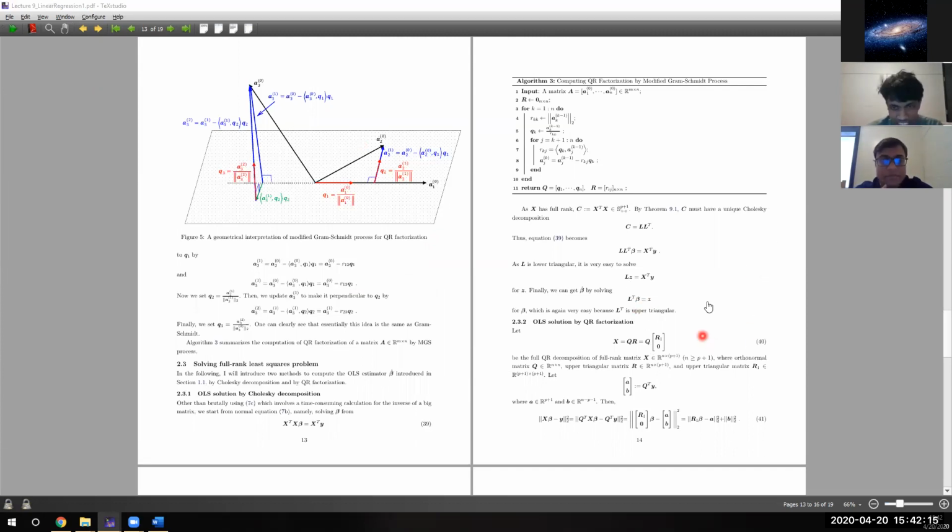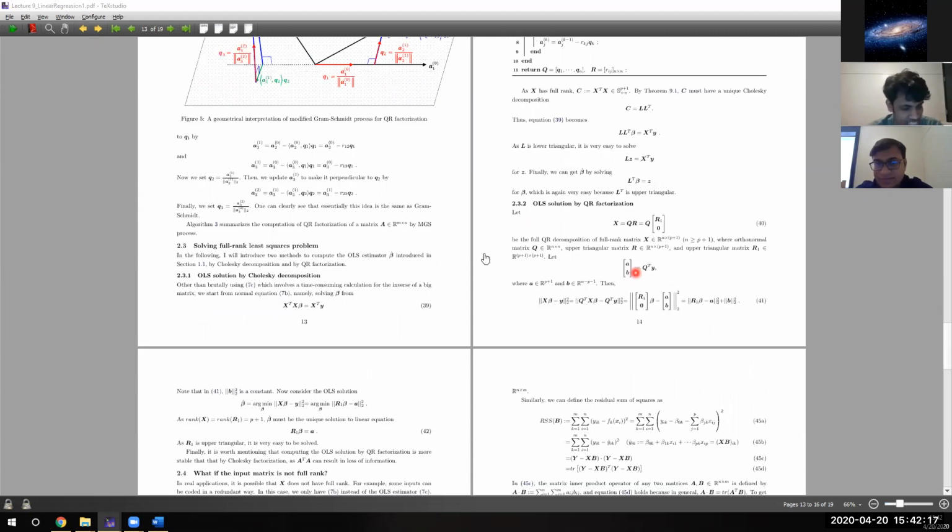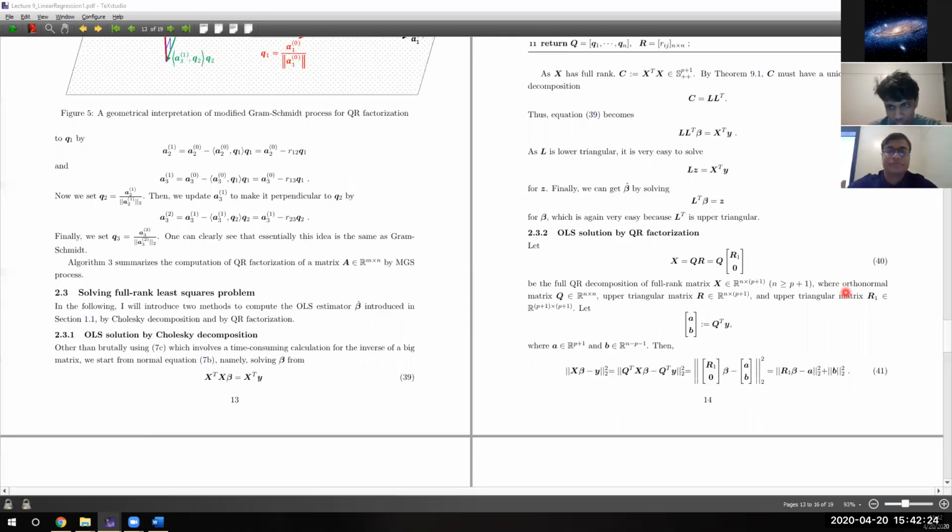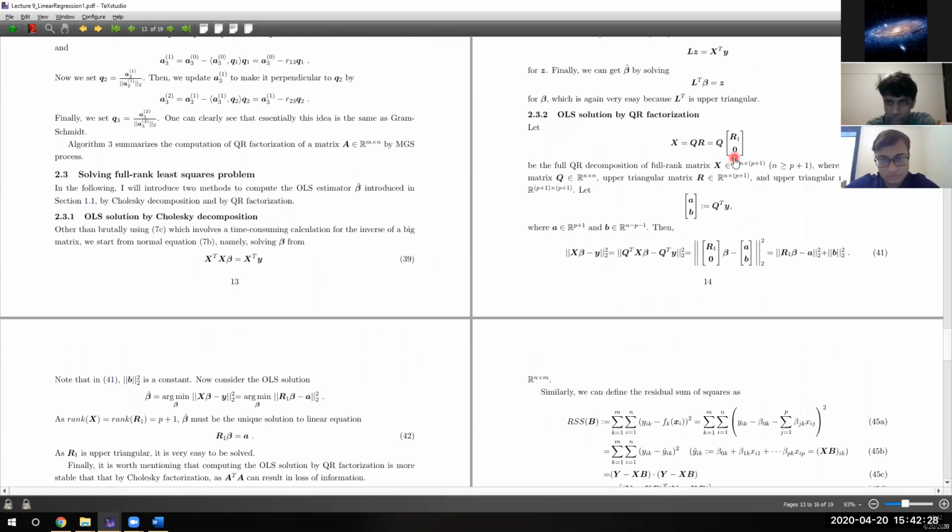Anyway. Okay, so the next thing I'm going to introduce is using QR factorization to solve this LSE problem. First of all, I have X equal to QR, equal to this, okay?